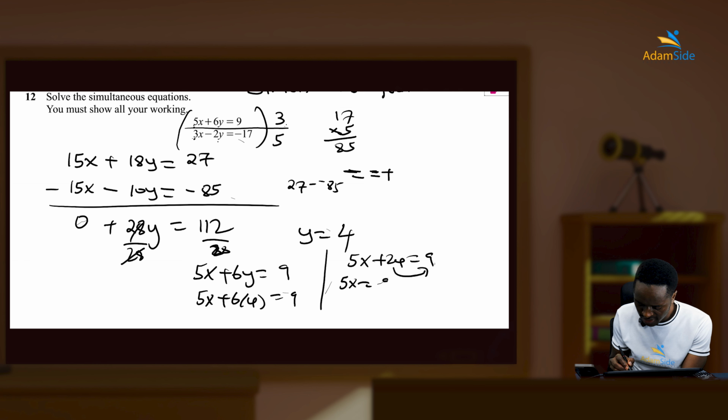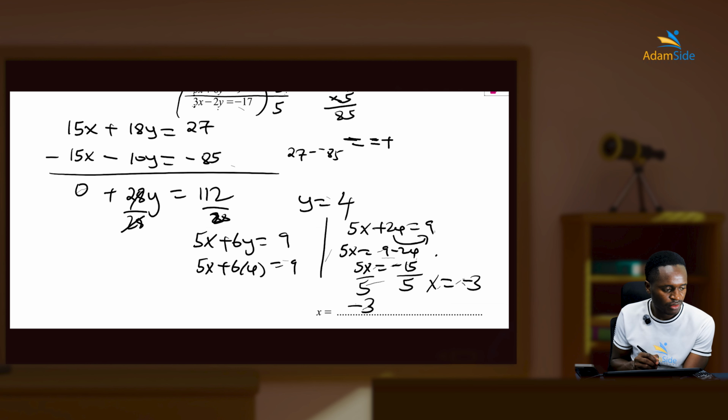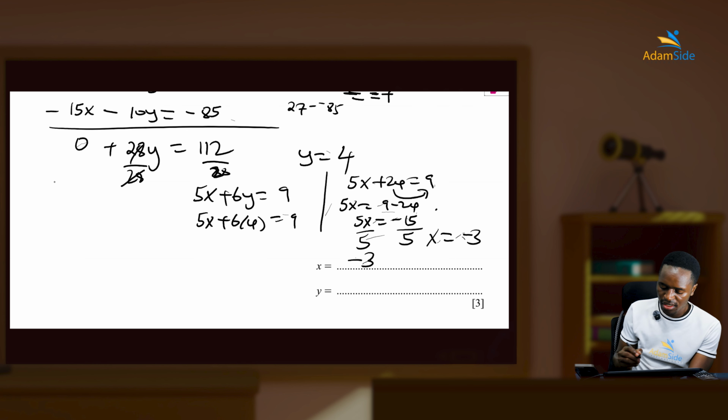So 5x is equal to 9 minus 24, which is minus 15. Divide by 5. Therefore, x is equal to negative 3. So you have x equals negative 3 and y is equal to 4.